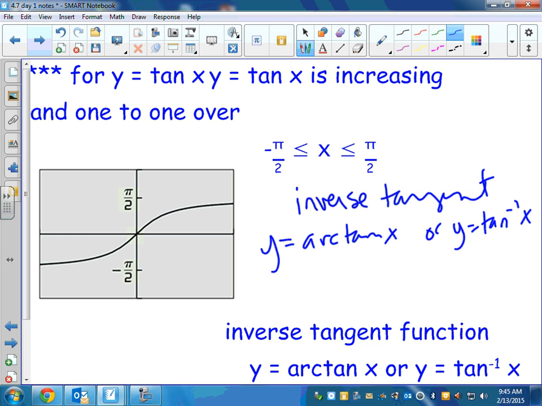So what you have to know is what answers you can give me. Because on the homework and the test, I'm going to make you evaluate a bunch of these without a calculator. So you have to know your restricted domain and range and how to give them to me. On the next slide, we'll summarize for the 3.